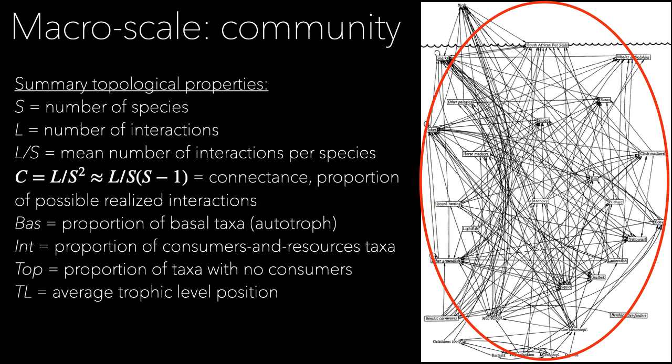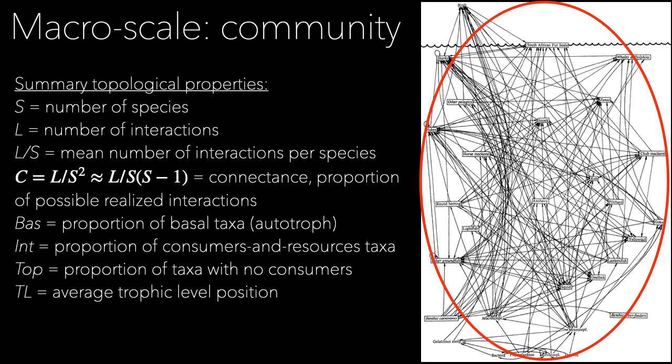For instance, the bacteria are trophic level 1, likewise the phytoplankton, because they are basal taxa with no prey. A trophic level 2 is going to be a species that is feeding on a taxon with trophic level 1, and so on and so forth.